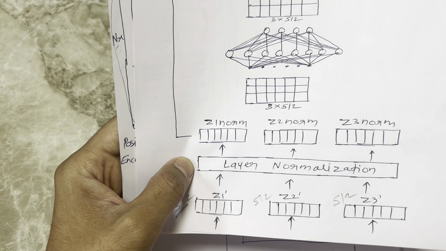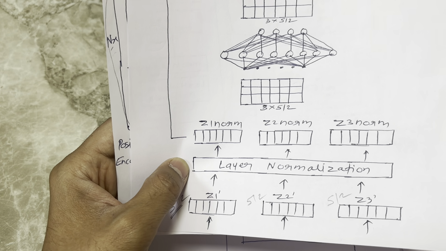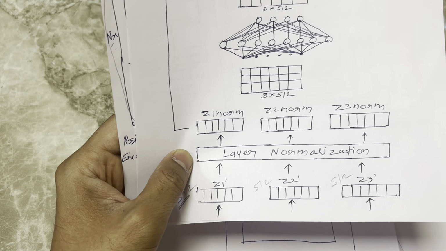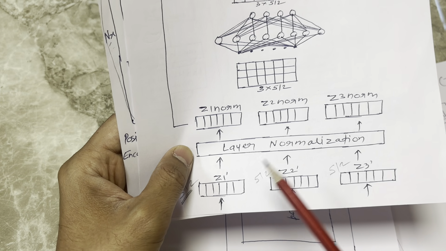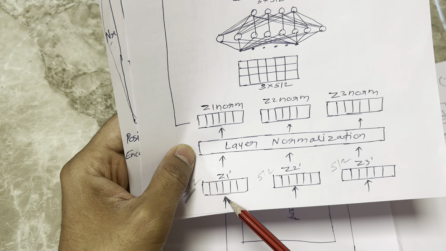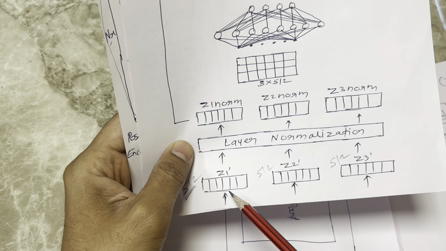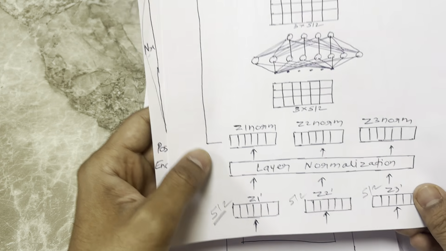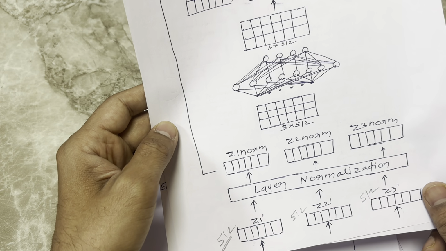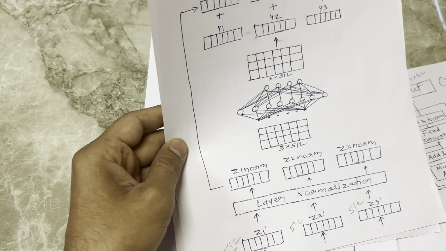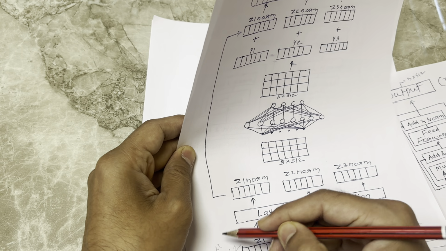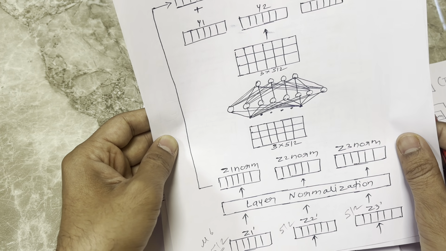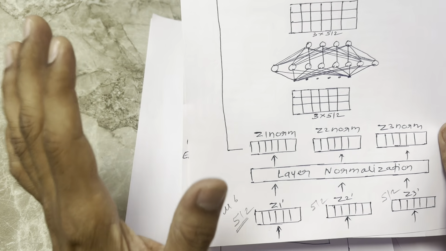In layer normalization, you take each vector like Z1 dash, Z2 dash and Z3 dash. So Z1 dash, which has 512 numbers, we calculate the mean of all these 512 numbers, that is mu, calculate the standard deviation, that is sigma, and normalize or standardize all 512 numbers within a given range.